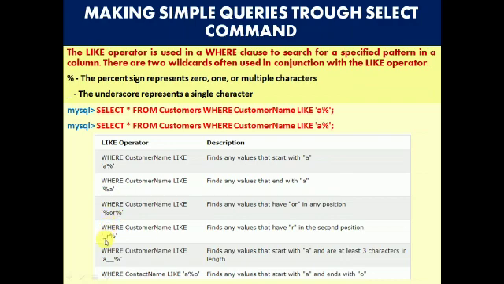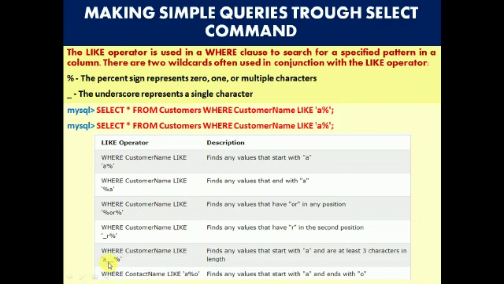Here I have used underscore R percentage, which means the first letter can be any letter, but the second should always be R and then any number of characters. Similarly, if I want to search for all the names which start with A and have at least 3 characters, I have used A, double underscore and then percentage.